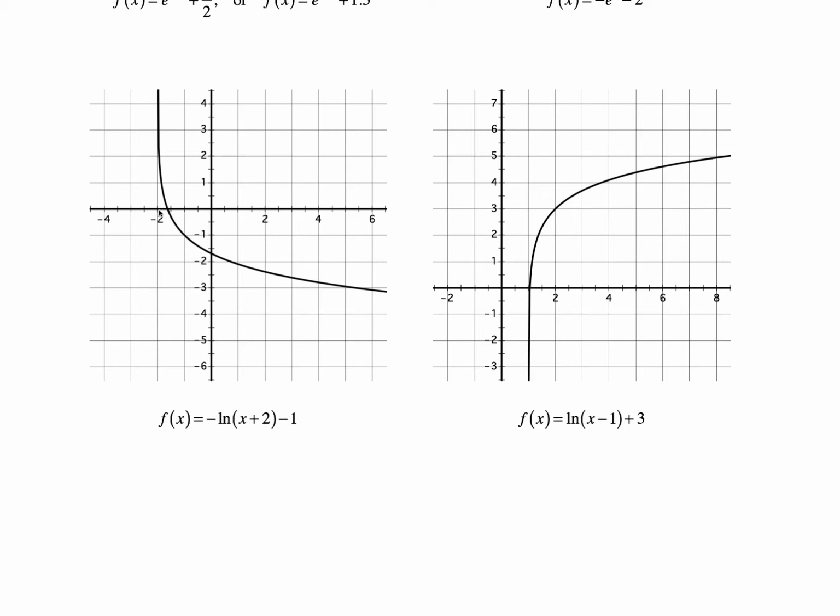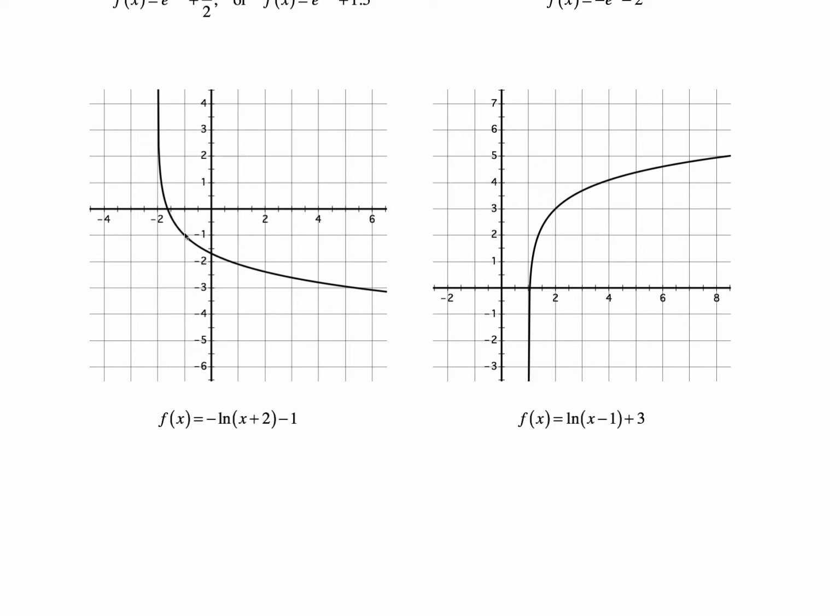And so the vertical asymptote is here at -2, so we draw a line 1 unit to the right, and we look for the spot where it intersects the function, and that spot is x is -1, y is -1.